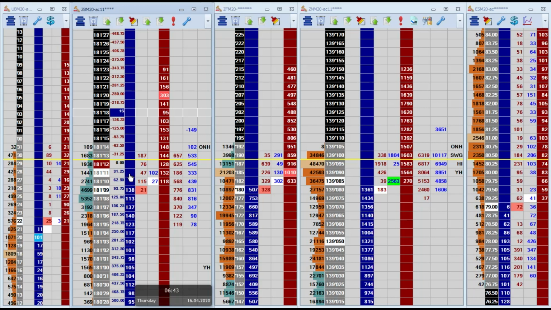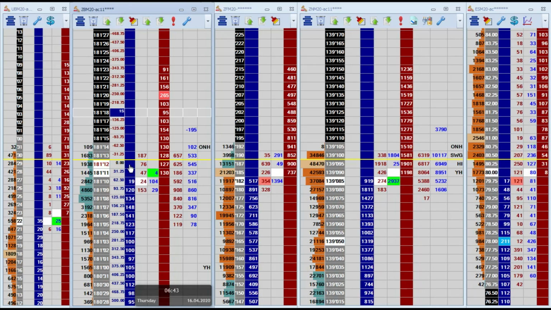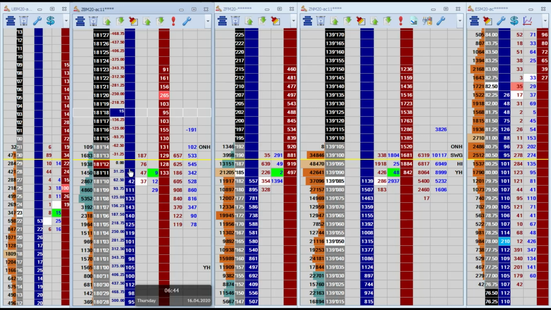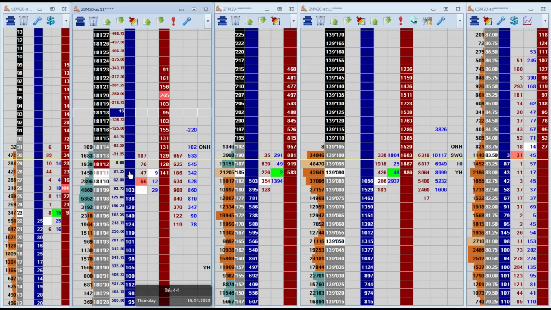Like I said, I'm keying in on the Ultra Bond. Don't want to get caught up in the ebb and flow of the market, though. Got to give it a little bit of space.